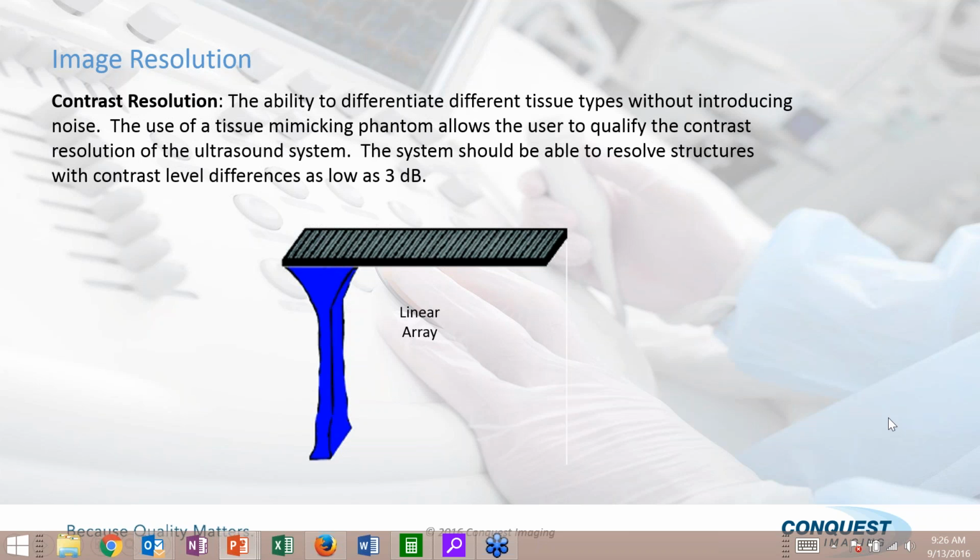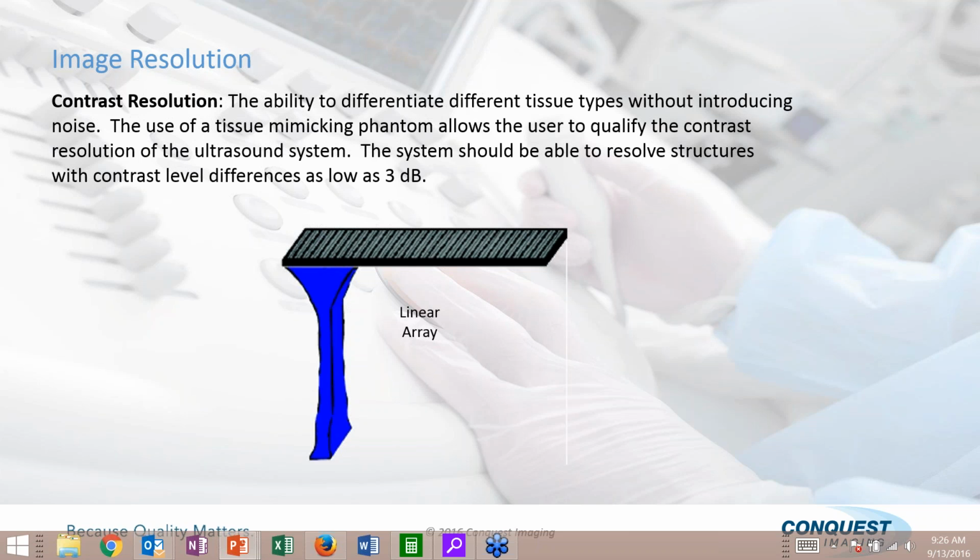And then we have contrast resolution. Contrast resolution is the ability of the ultrasound system to differentiate between various structures of very similar densities. And so there are various things that happen with the human body. For example, there's certain masses that are grown in the liver, where they take on a very similar density to surrounding tissue.